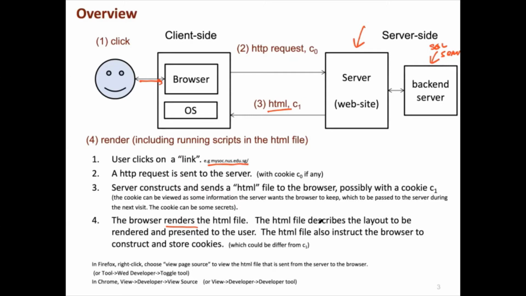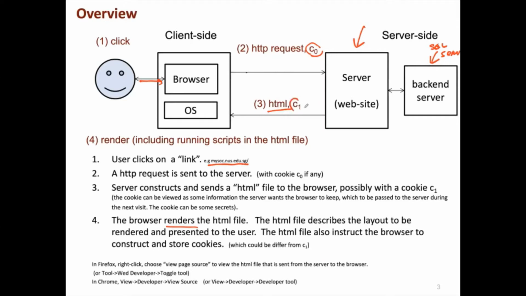Cookies. There's something called cookies. So just now what I said, I haven't completed it. When the user clicks, the browser will send the request. The browser may send some cookies across, if there are any. The server, after processing, when it sends the HTML page, this HTML page may come together with a cookie C1.